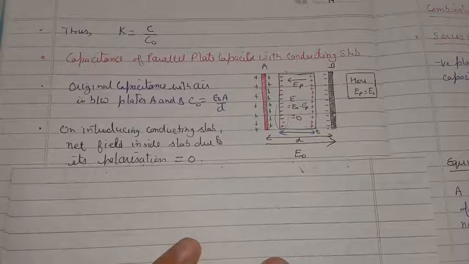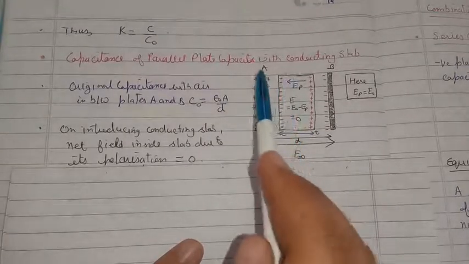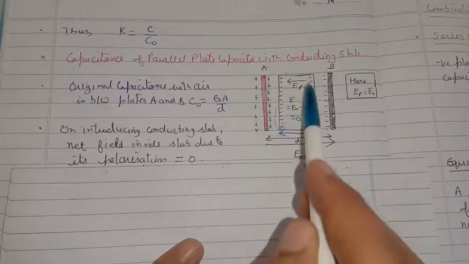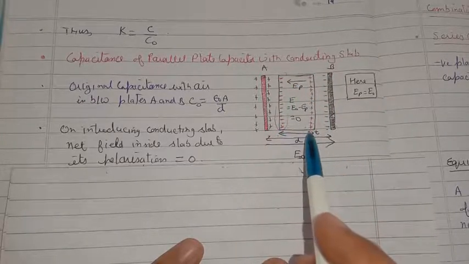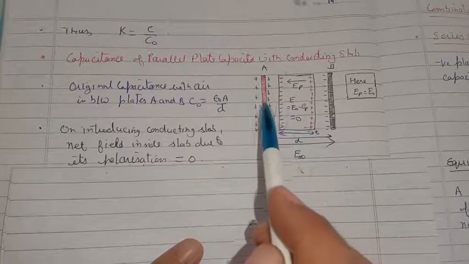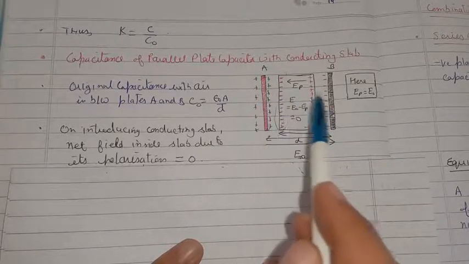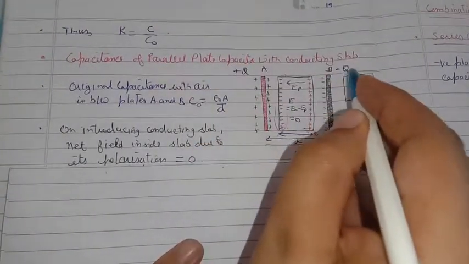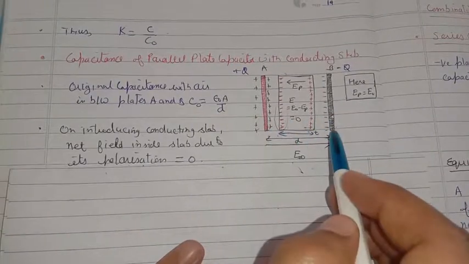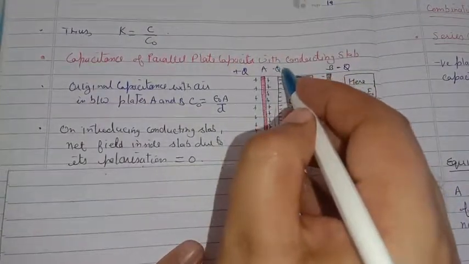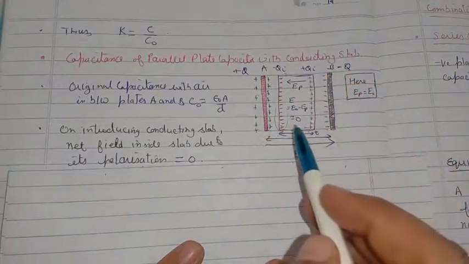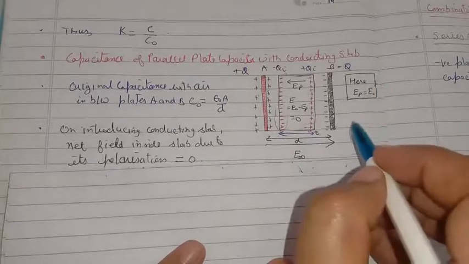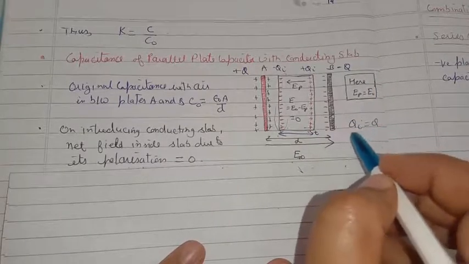So when it is subjected to the electric field E naught between the plates A and B, the charges induced on the opposite faces of the conducting slab have the same magnitude as the charge present on the plates of the capacitor. So if plus Q and minus Q charge is present on plates A and B, minus Qi and plus Qi charge is induced on the opposite faces of the conducting slab, then only for a conducting slab Qi will be equal to Q.